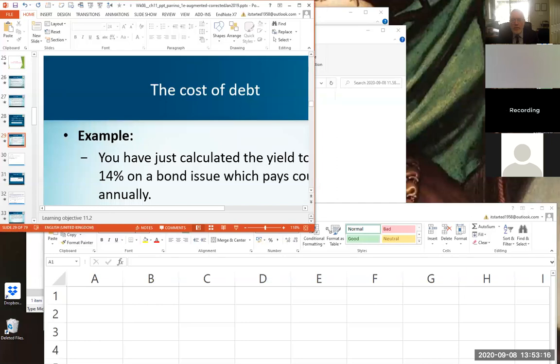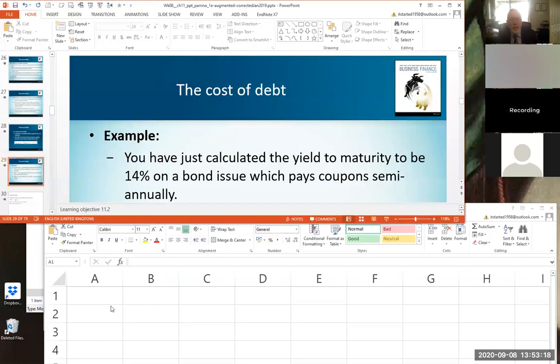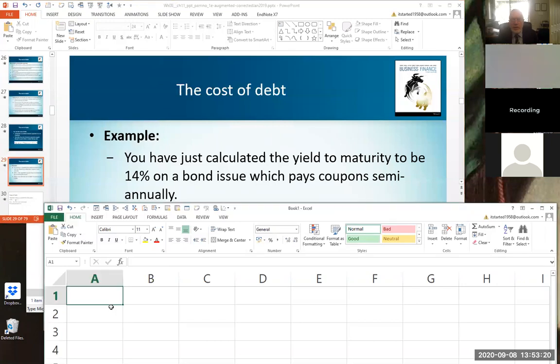Give ourselves our slide. We're going to say the yield to maturity, 14%.